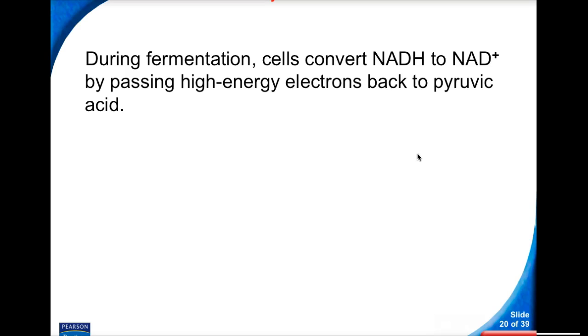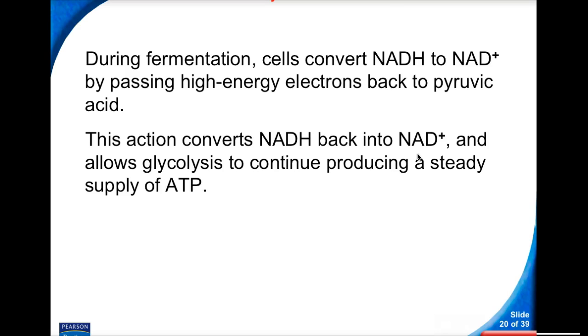And pyruvic acid, if you recall, is the end product of glycolysis. This action converts NADH back into NAD+ and allows glycolysis to continue producing a steady supply of ATP.